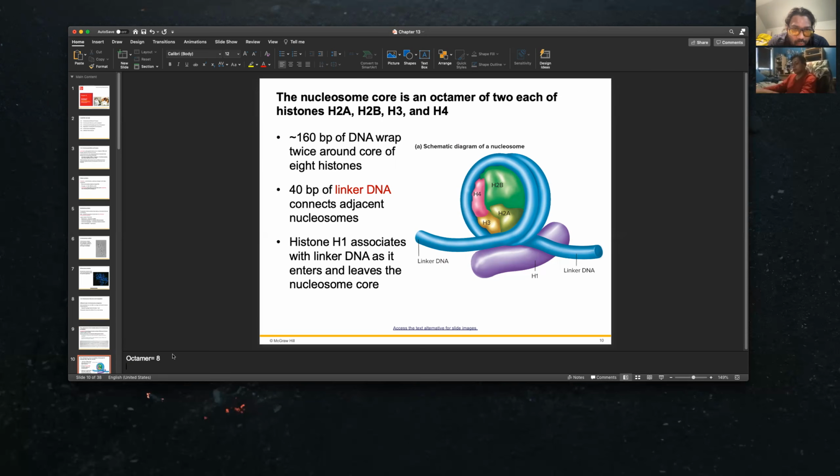Histone H1, which is not part of the nucleosome core, is that purple thing. It associates with the linker DNA, attaching to the linker part on the outside.